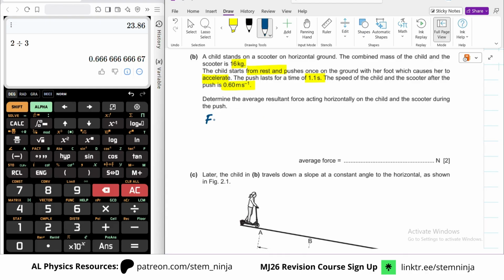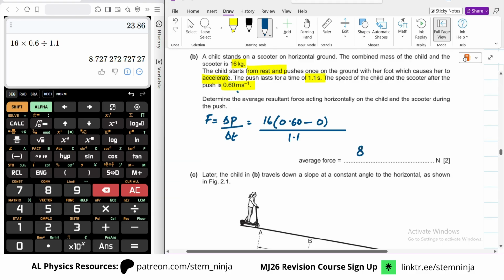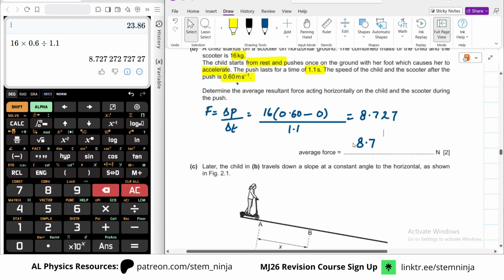Okay, so we know that force is the rate of change of momentum. So the change in momentum is 16 times 0.6, final speed 0.6, initial speed 0, and the time duration is 1.1. So 16 times 0.6 divided by 1.1 is 8.727 newtons.